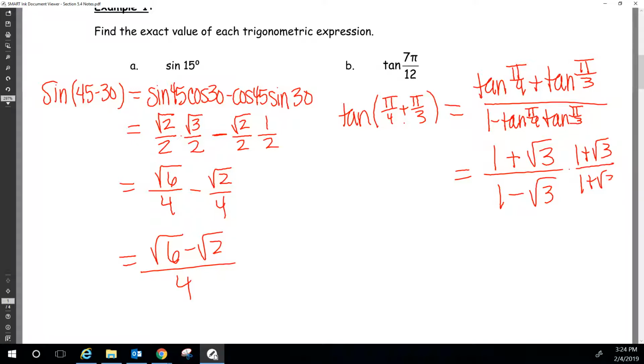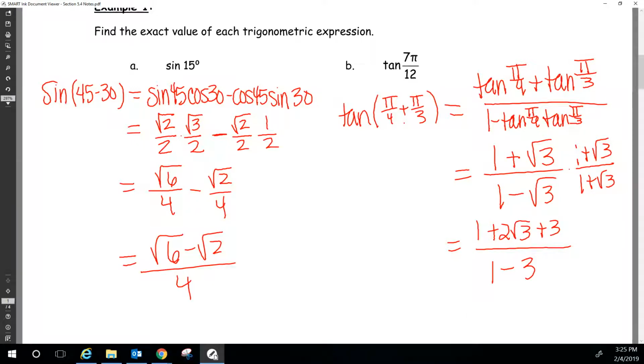Big vocabulary word, conjugate. All right, 1 times 1 is 1. And then I've got the square root of 3 plus the square root of 3. That's going to be 2 square roots of 3. Square root of 3 times square root of 3 would be 3. On the denominator, since they're conjugates, the middle terms are going to cancel out. 1 times 1 is 1, minus square root of 3 times square root of 3 is 3.